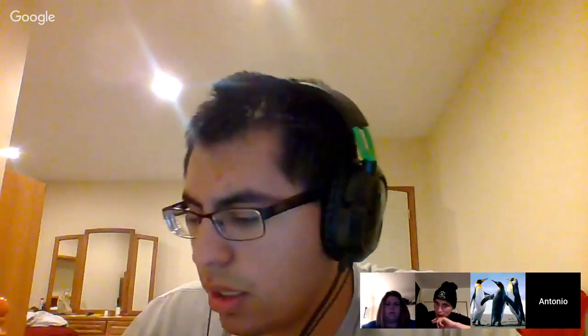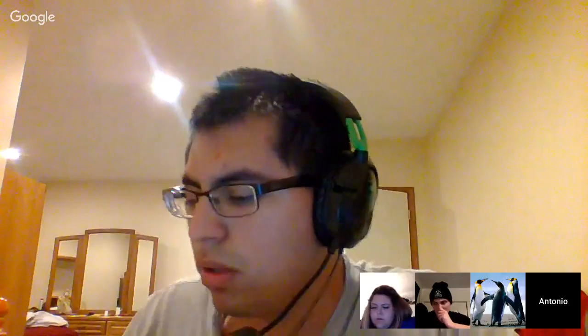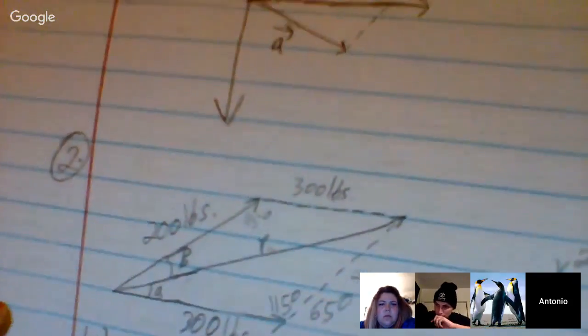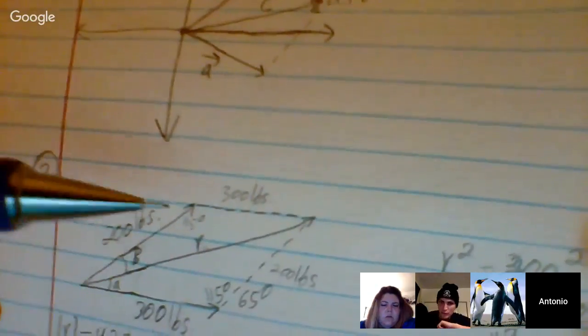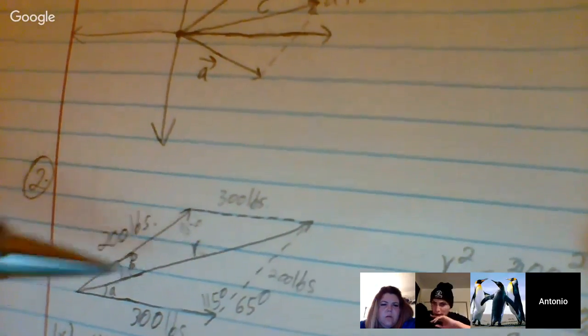Okay. So what was the equation you said? So you use the law of cosines. So C is that middle one, right? Is the side that we're looking for? C. I just wrote it as r. So we're trying to find this middle line right here. That r. Right. That's r.